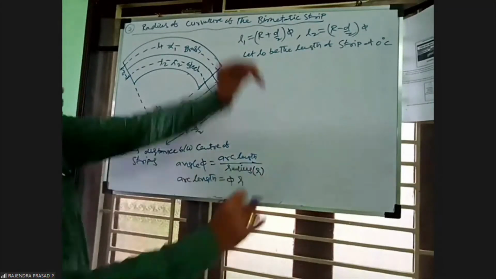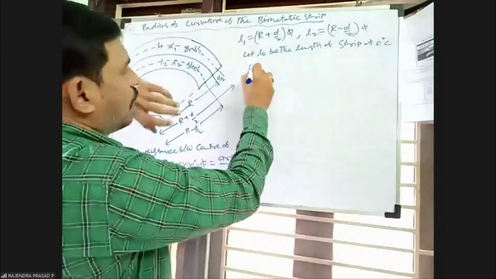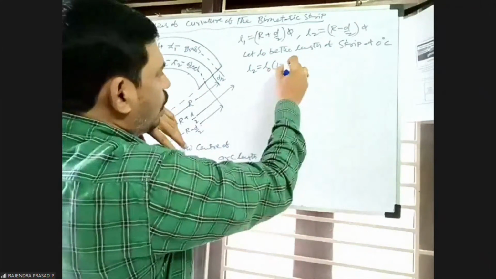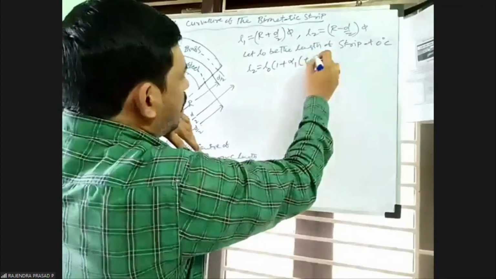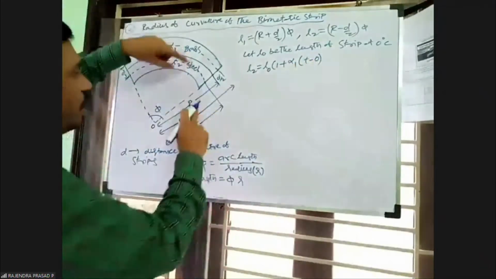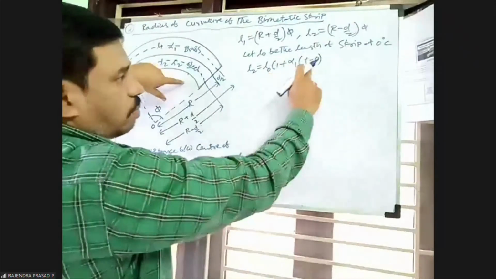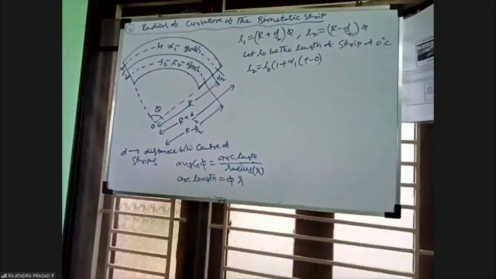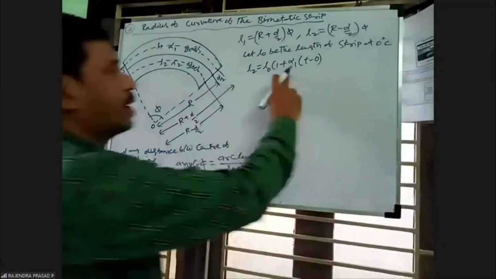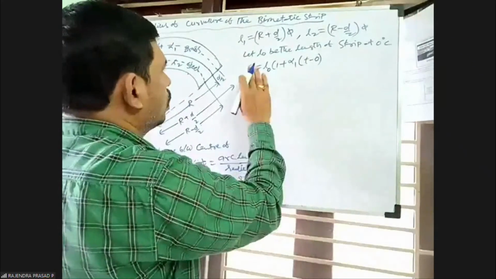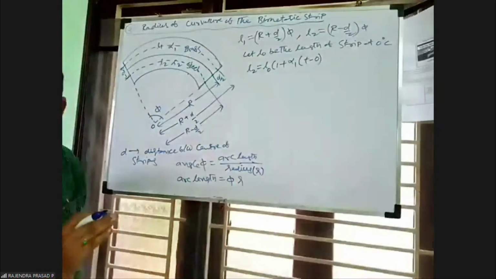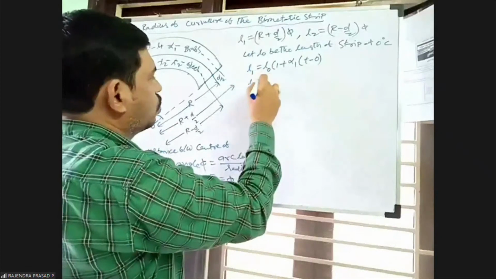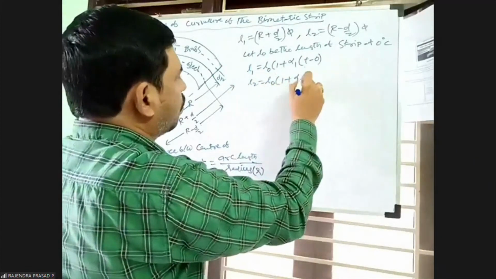What is the general formula for L2? L2 is equal to L1 into (1 plus alpha), that is, L0 into (1 plus alpha 1 into (t minus 0)) for the one rod, whose temperature increases from 0 to t. For the second rod it is the same: L2 is equal to L0 into (1 plus alpha 2 into (t minus 0)).